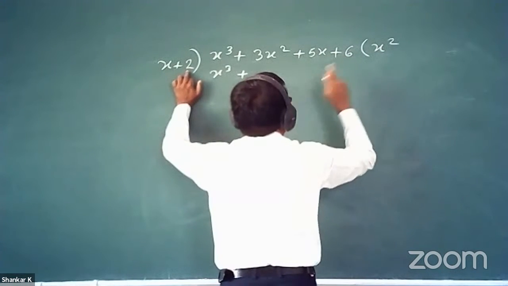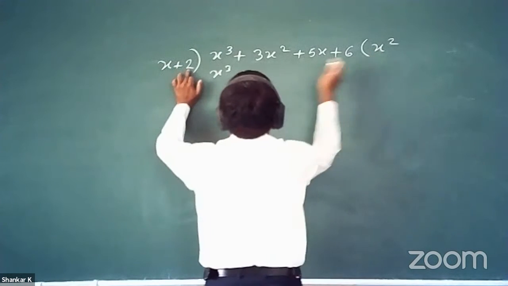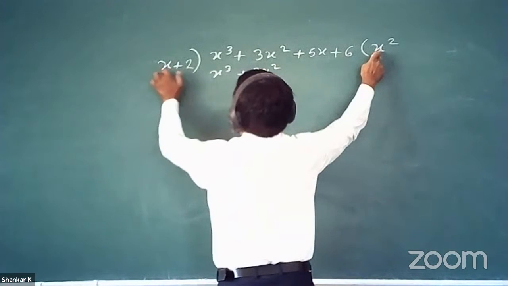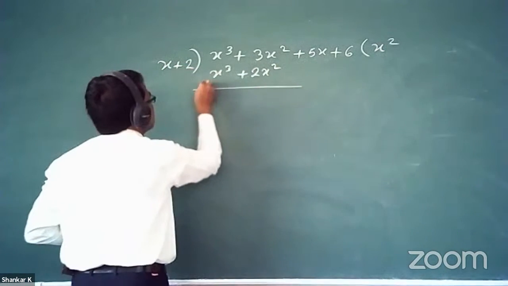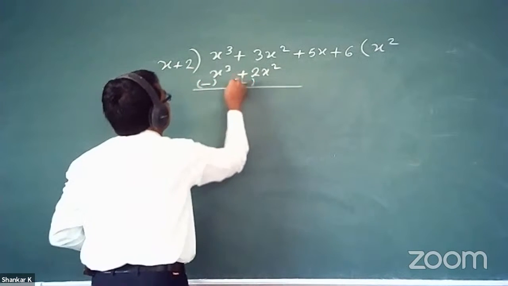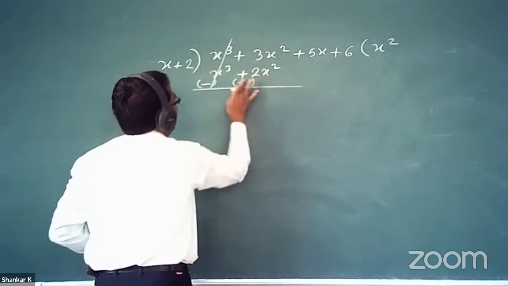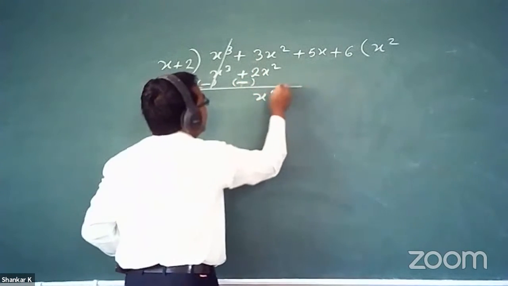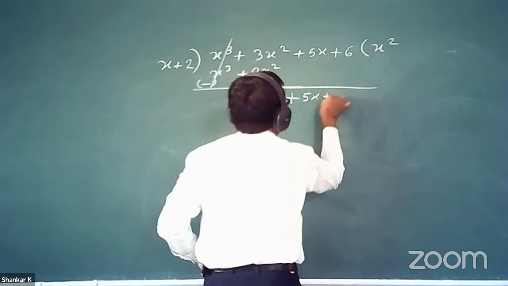Maintain some silence. x square into x is x cube, 2 into x square is 2x square. Now minus, 0 cancels. 3x square minus 2x square is x square. Take this down all at a time. You can write 5x plus 6.